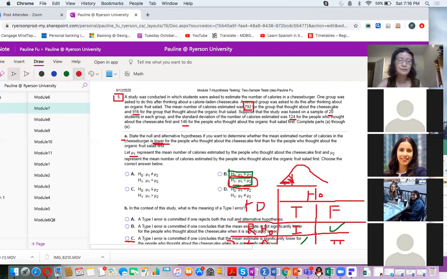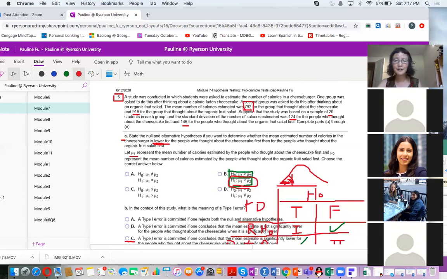Next, X2. X2 is 916. Sx2, standard deviation, is here, 146. And N2 is 20.